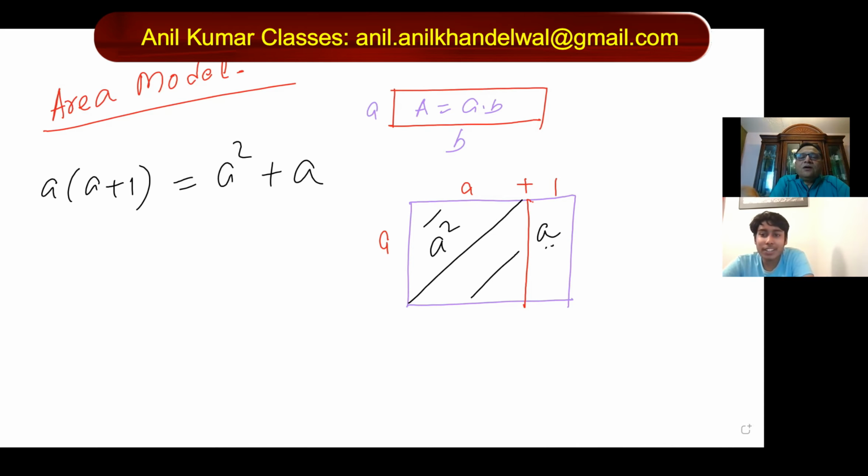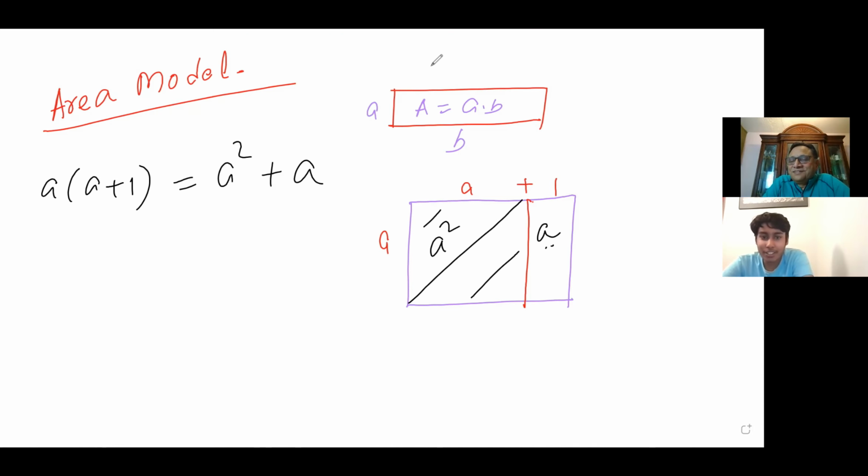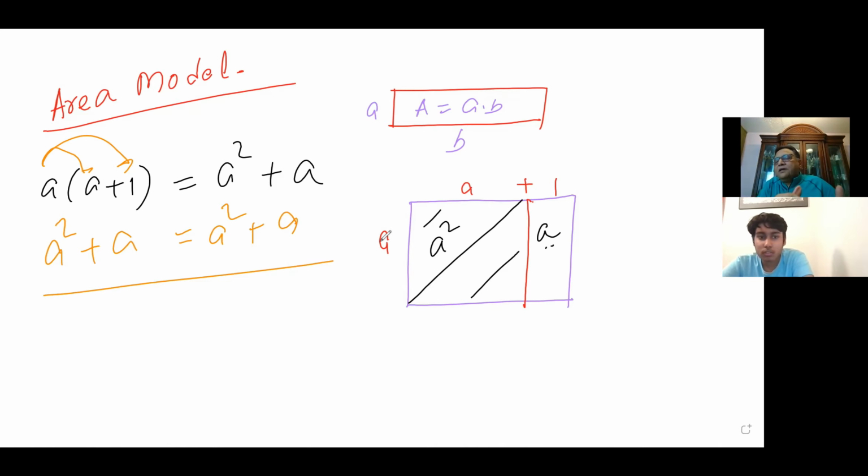Yes, sir. Meaning that the square has increased by another rectangle of a units. Yes, correct. Now, if you expand, you can say a squared plus a is equal to a squared plus a, and that works, correct? So, algebraically, we see it the same as the geometric model.